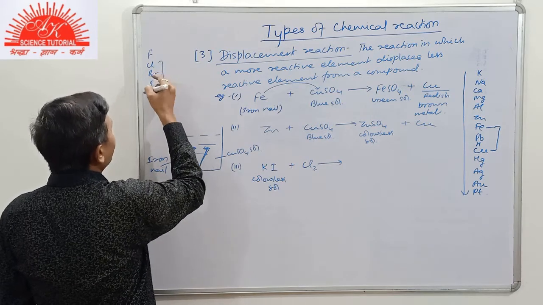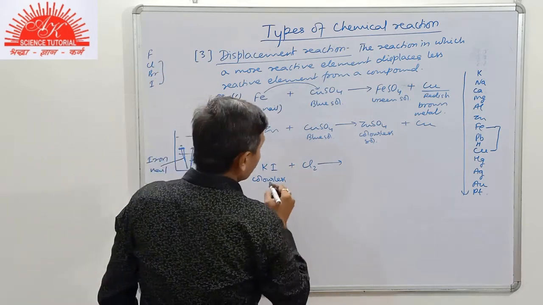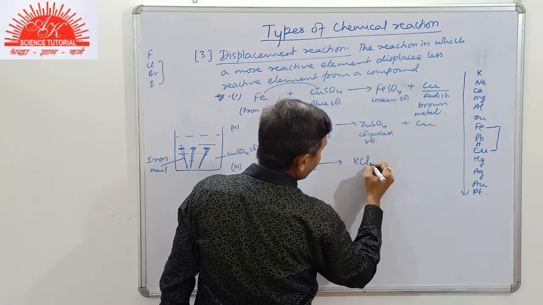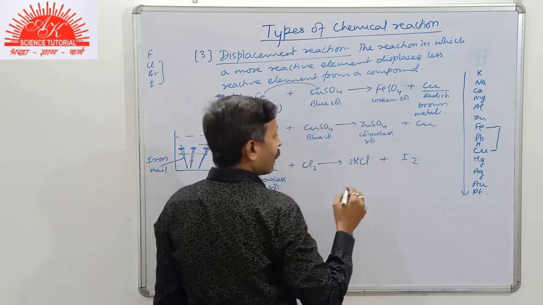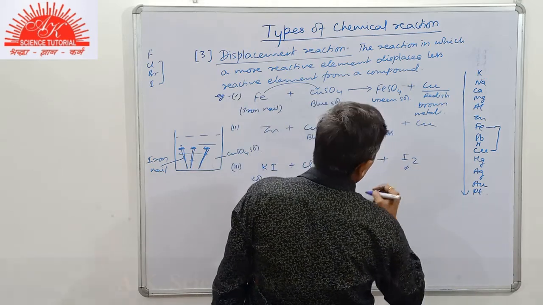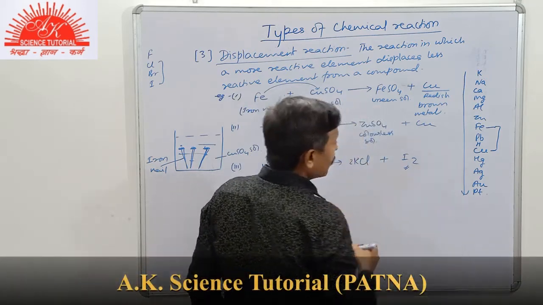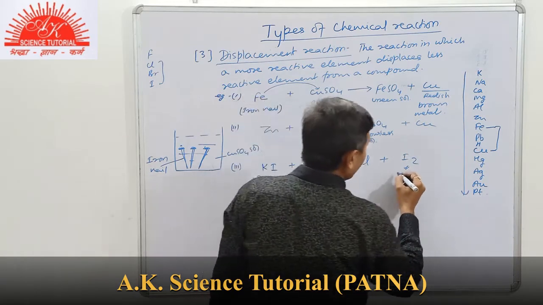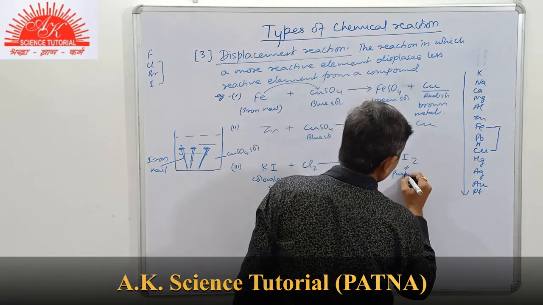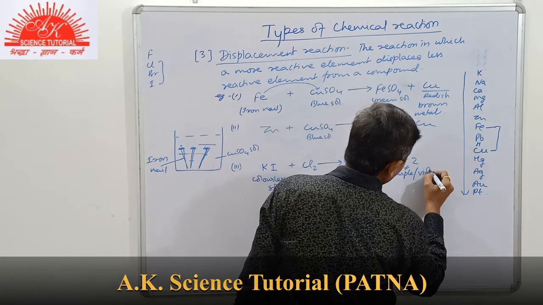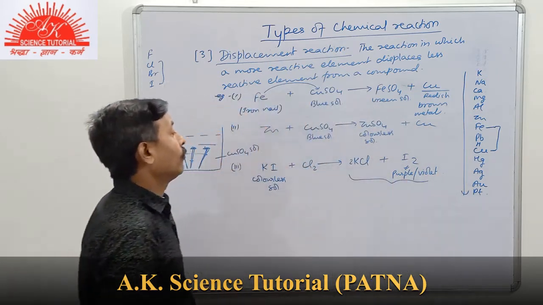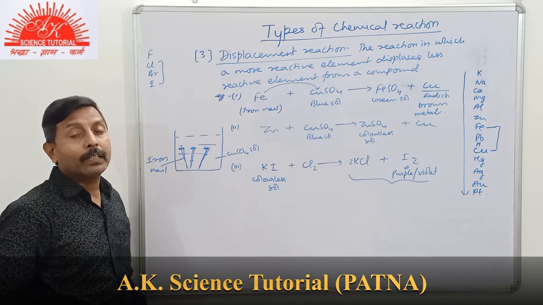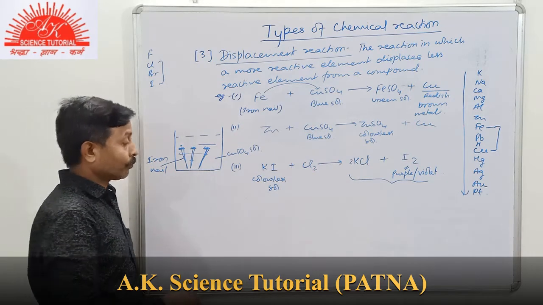So chlorine is above iodine, and being more reactive, it displaces iodine to form this type of product. Now due to this, it turns yellowish brown, or sometimes purple or violet is also the word used. So the solution will turn purple or violet. So this is due to the displacement reaction.